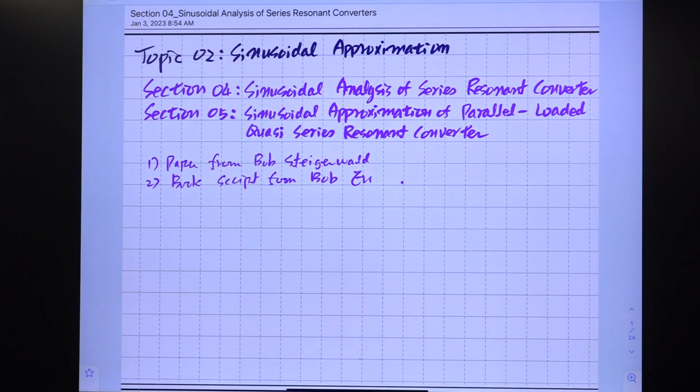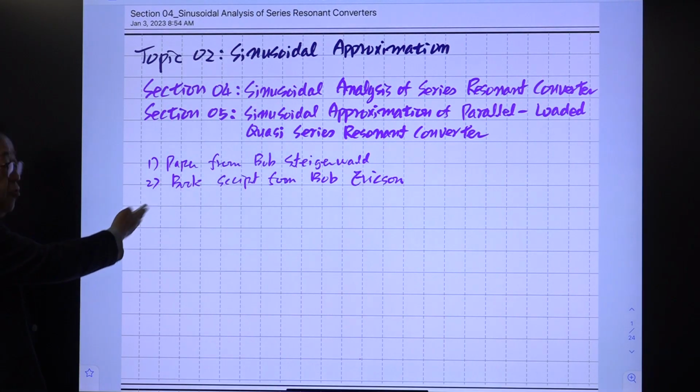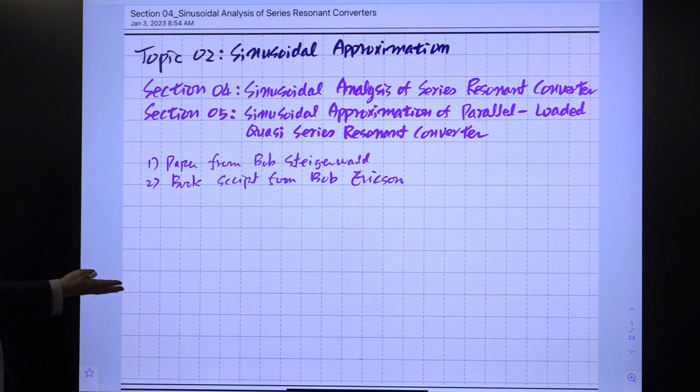He is the author of the famous book, Fundamentals of Power Electronics, and he is a student of Dr. Middlebrook, who is considered the father of power electronics. Okay, I have the script for several chapters, but he didn't publish this book. I don't know why. Maybe he is still writing, to complete the entire story. So I have the script until chapter 5. So I posted chapter 2 of this unpublished book.